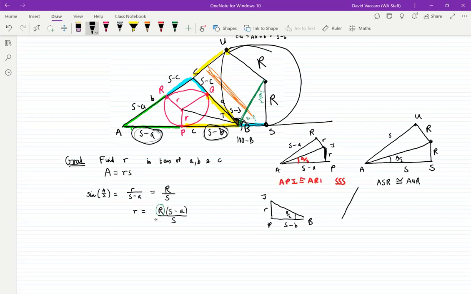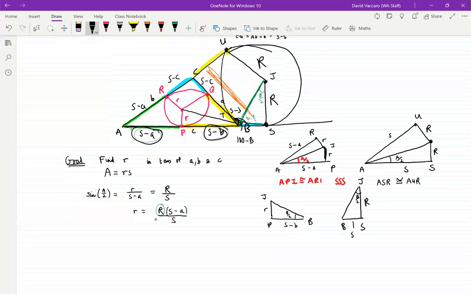So this triangle here, BS, and I'll call J the center of my X circle. This is B over 2. And so we've got R, and then this blue length here is S minus C.